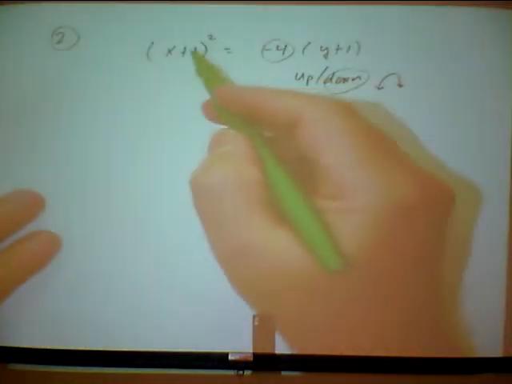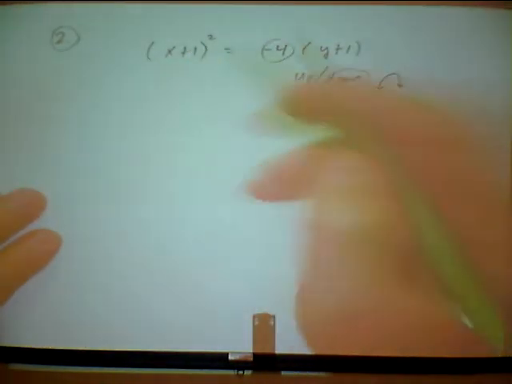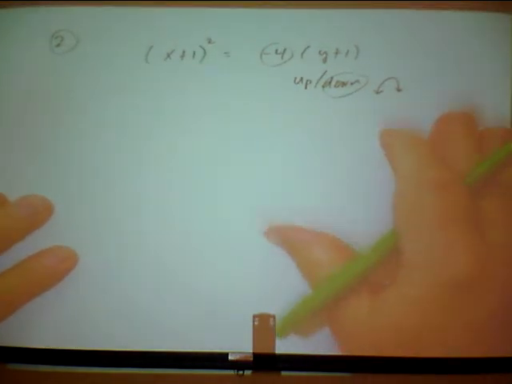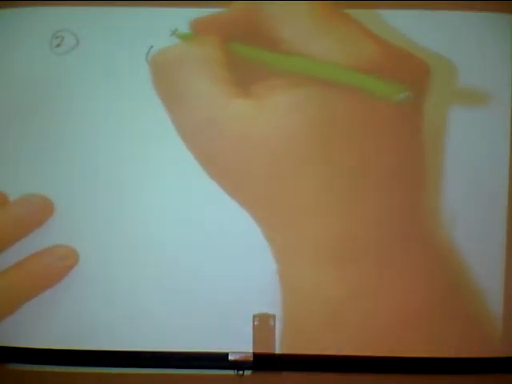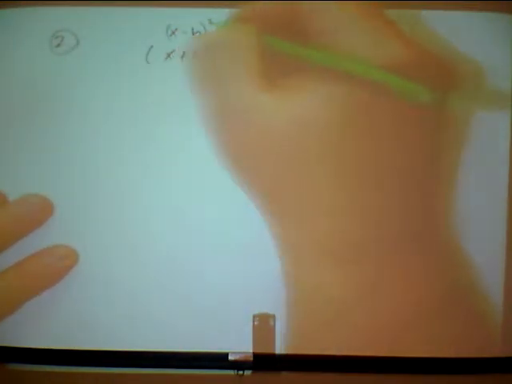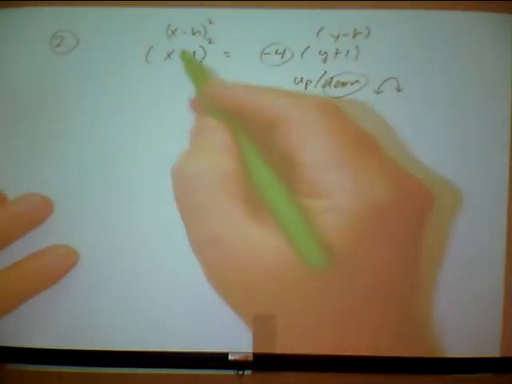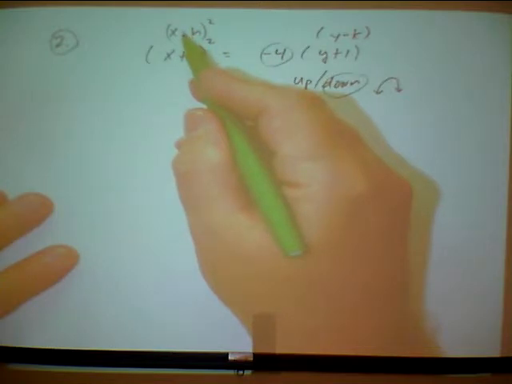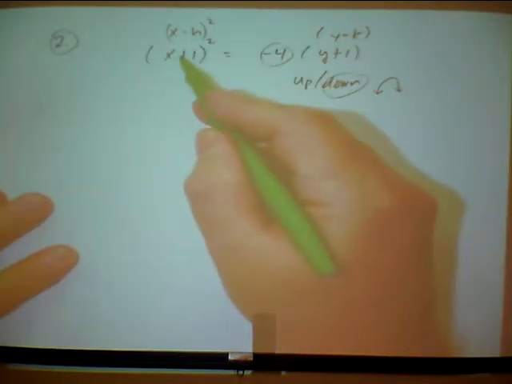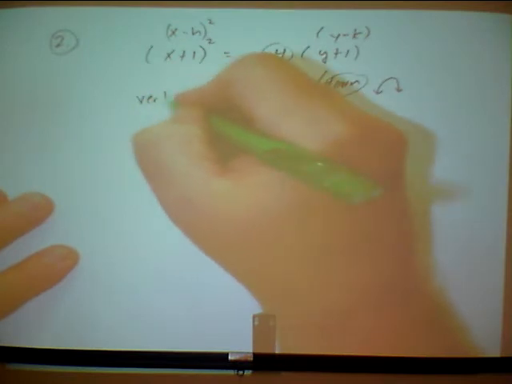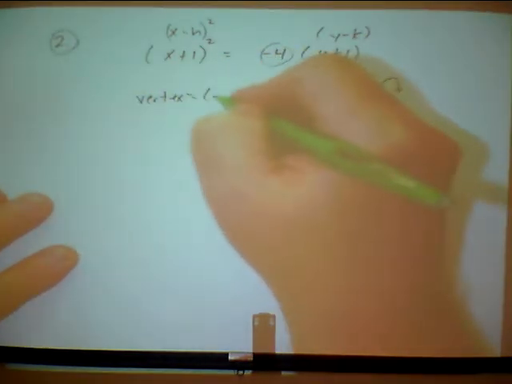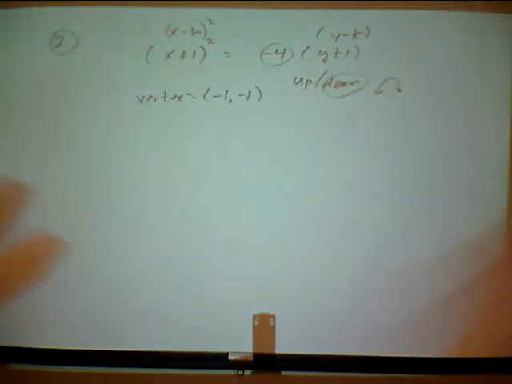Now this is a little tricky because remember the standard form is (x minus h) squared and (y minus k). The standard form is minus and minus, so therefore when I have x plus 1 and y plus 1, my vertex ends up actually being -1, -1.